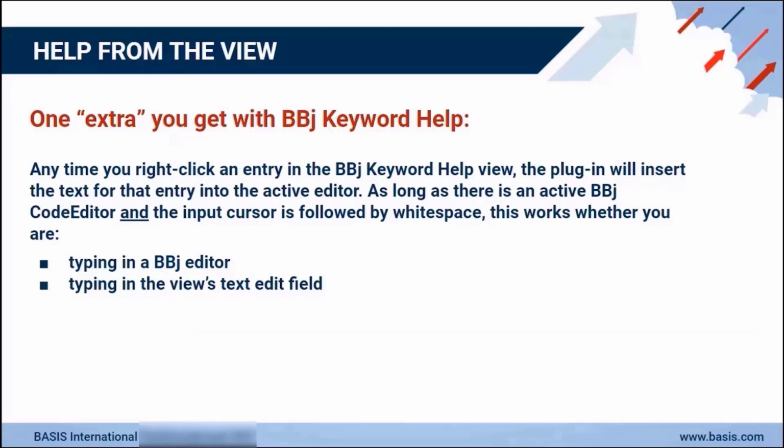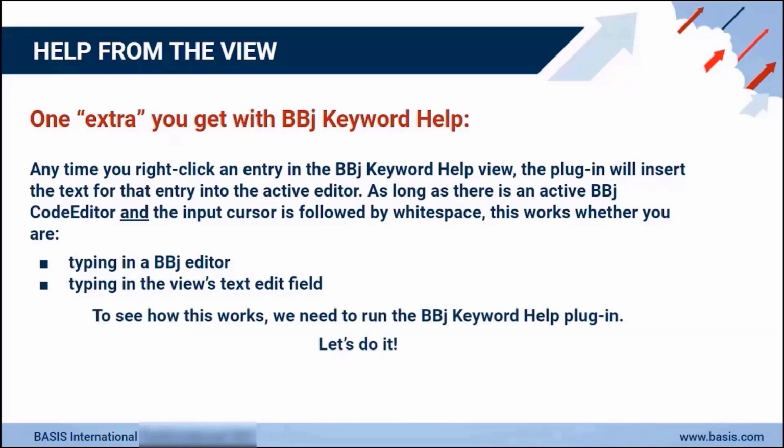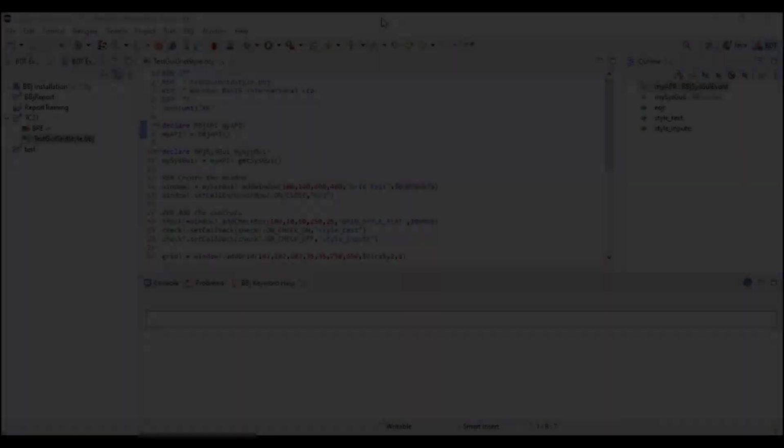So if there is an active BBJ code editor, then this works, and it will let you do it whether you type directly in a BBJ editor and highlighted something, or whether you are typing in the view's text field that we showed you just a moment ago. Sort of think of it as another type of code completion. To see how this works, we need to run the BBJ keyword help plugin, so let's do it.